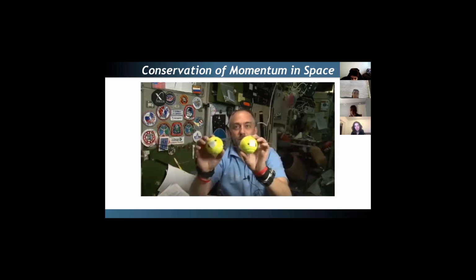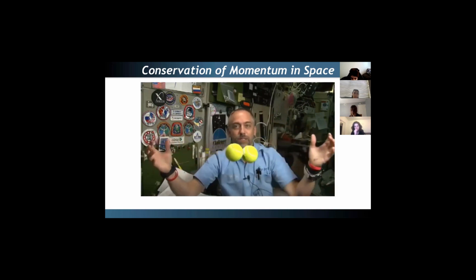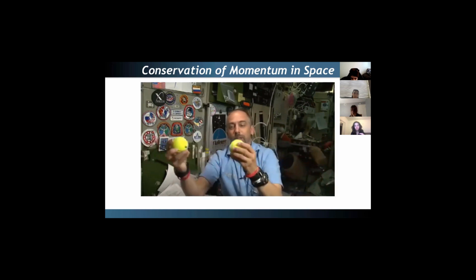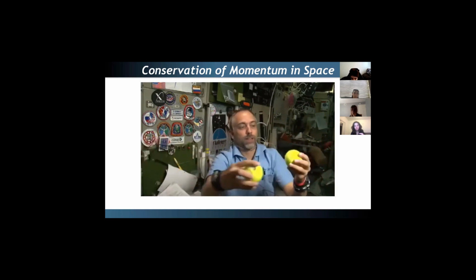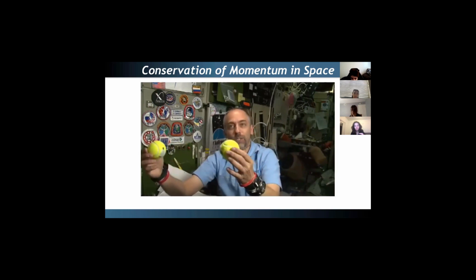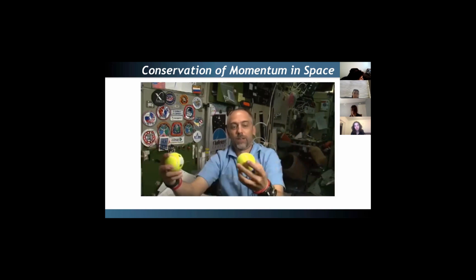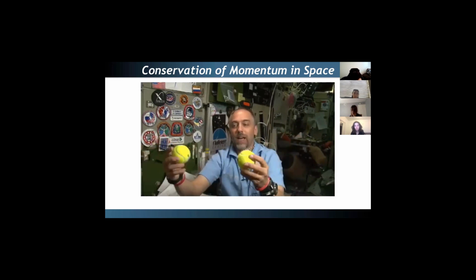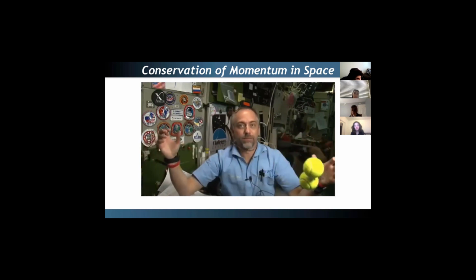It even works, in this case I put Velcro, if these two stick together, the total momentum remains the same. If I can get these two to stick together, while one is stationary and the other is moving towards it, once they stick together, the total momentum will remain the same, so the combined objects will have half the velocity of the one that was initially moving.